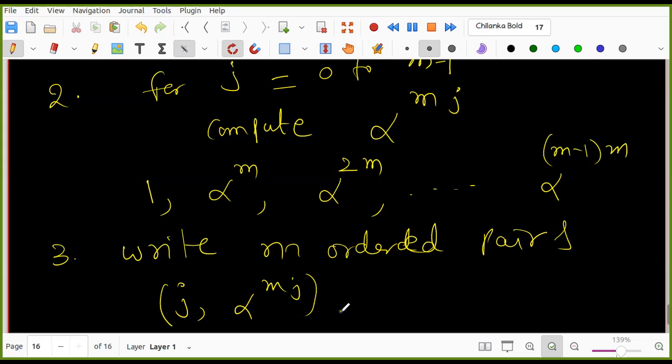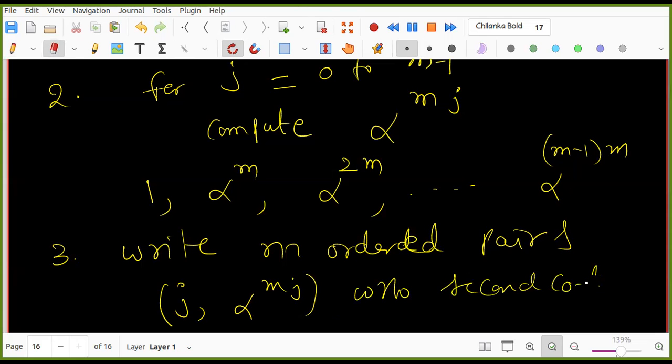Order the pairs with respect to the second coordinates, which means we are sorting, depending upon the value of alpha power mj.